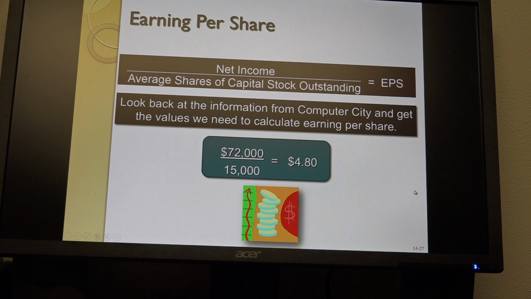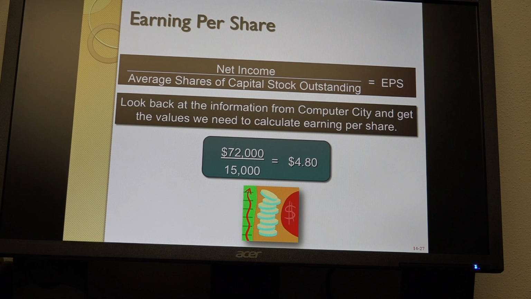Another ratio used to determine profitability is earnings per share. So here you're going to take as your numerator net income, and you're going to divide that into the average shares of capital stock outstanding. And that average shares is going to be your beginning of year number of shares of capital stock outstanding.